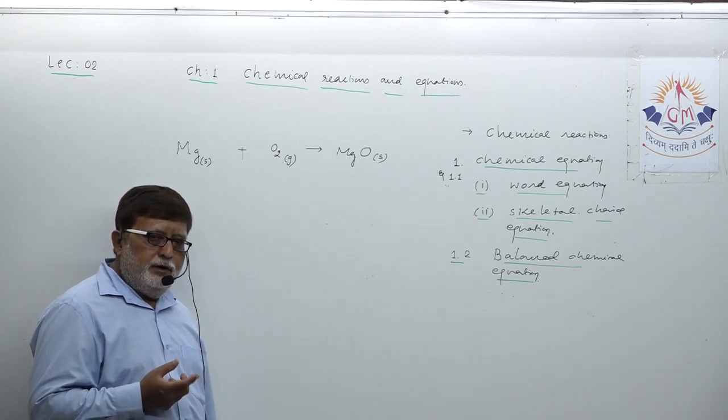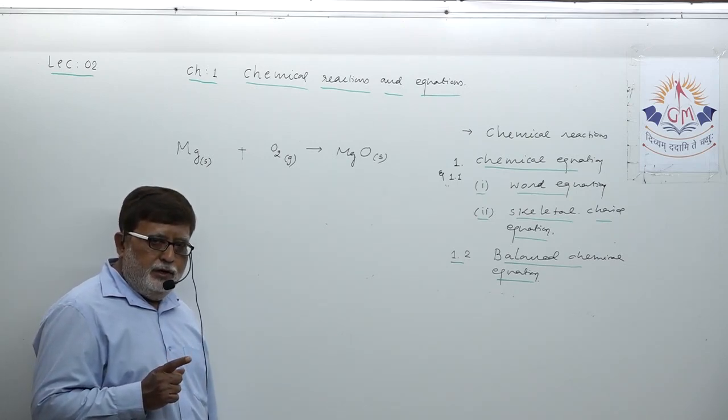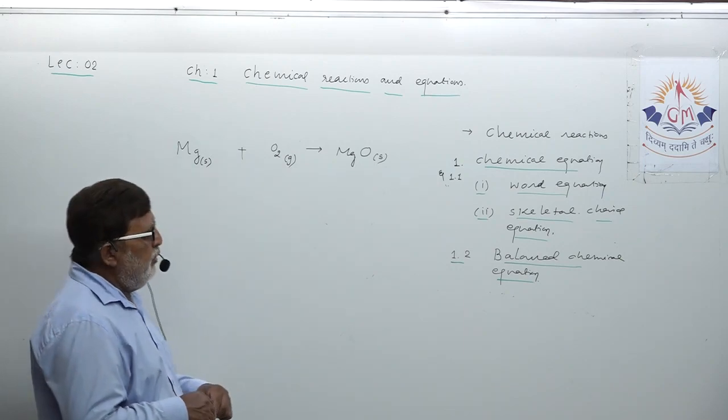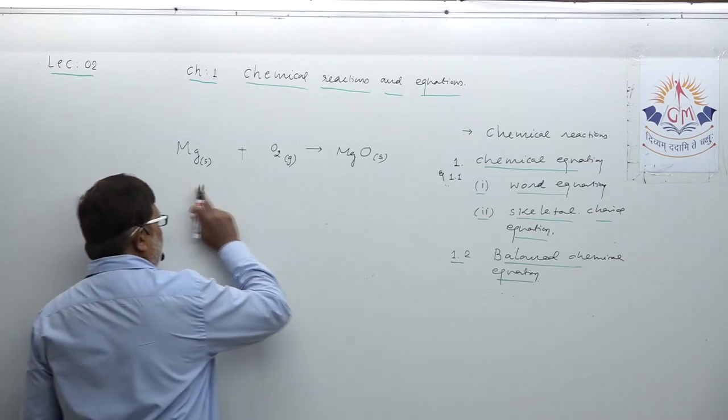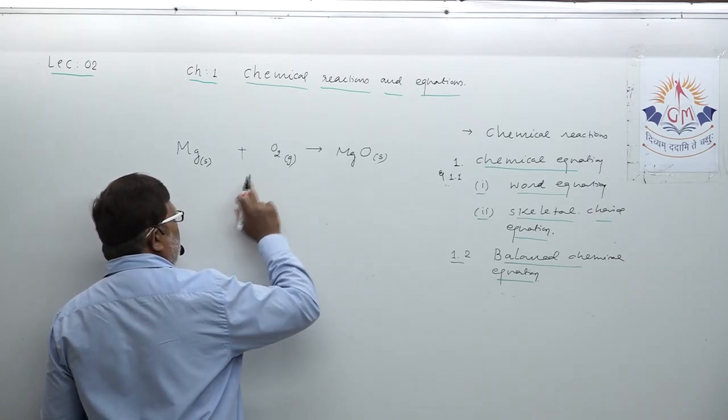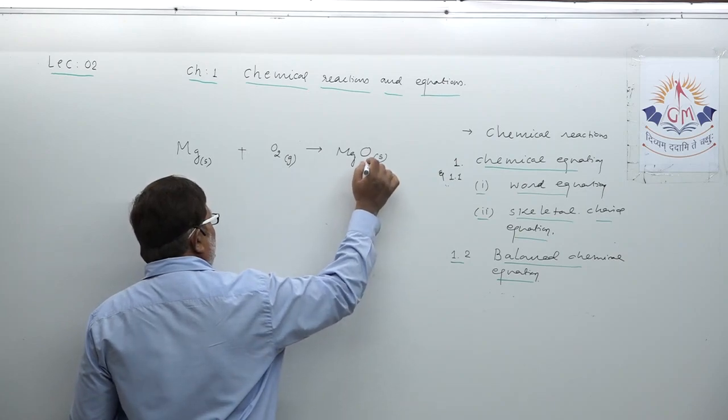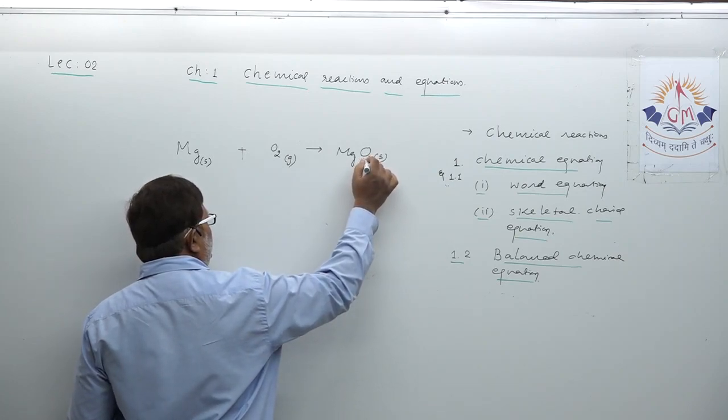How can you do it? Are you able to make any alteration in formula? Suppose somebody says, here is one magnesium, here are two oxygen. So can you write MgO2?